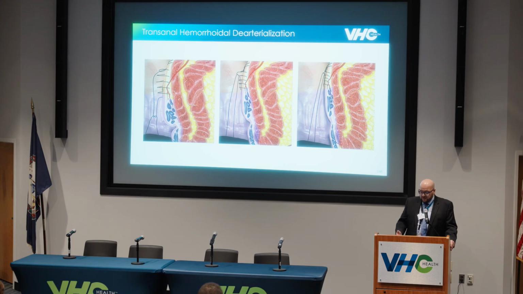This is the THD procedure that over the past several years has been considered a very reliable option for the patient, and we always discuss it. This is a procedure that only addresses the internal hemorrhoids, that does not involve the excision of tissue, but is done with sutures applied through an anoscope intraoperatively with an ultrasound on the tip.